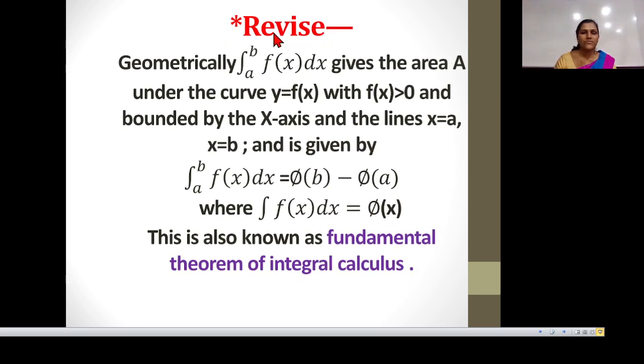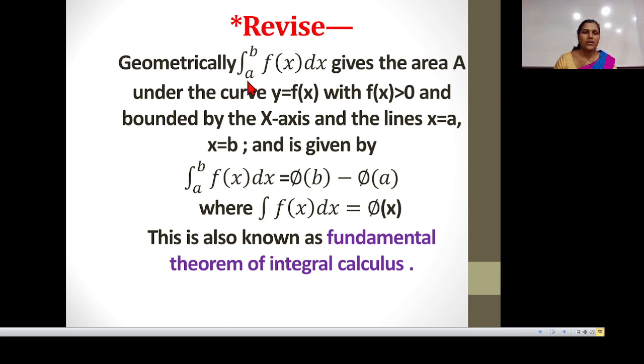Let us first revise the fundamental theorem of integral calculus, which we have already seen in previous lectures. So what is the fundamental theorem of integral calculus?